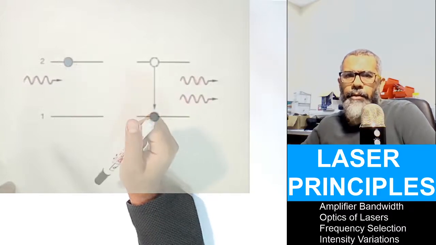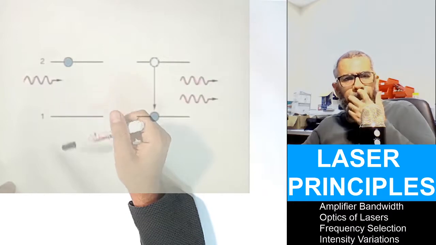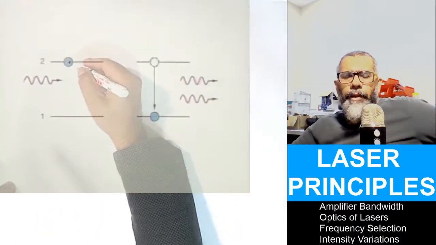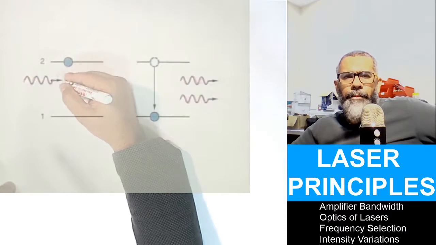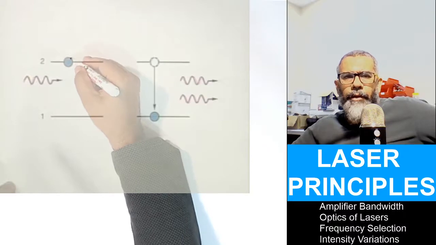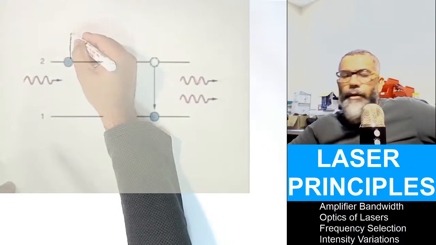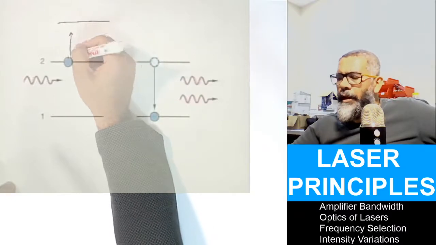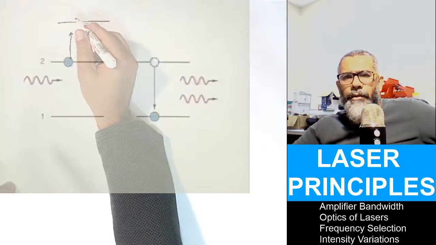If this is the case, what happens? You might think that the electron will absorb the incoming light further and go up. If there is any higher energy level, it will go up to that level.